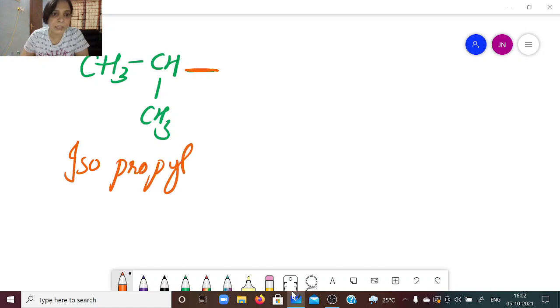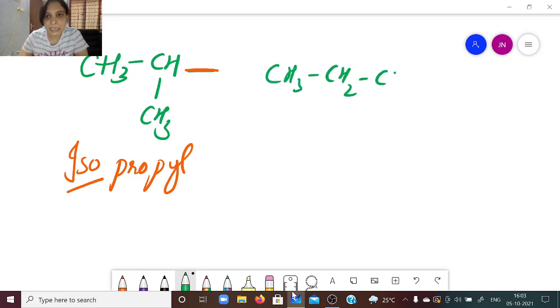Three carbons, that is why propyl. The second carbon is attached to the main compound, that is why iso. So isopropyl.